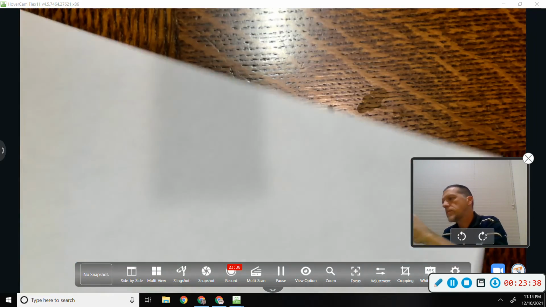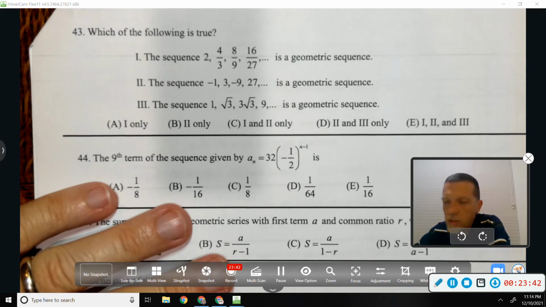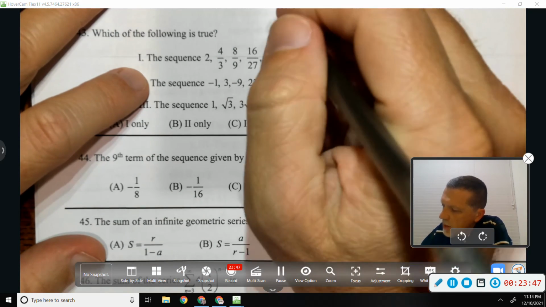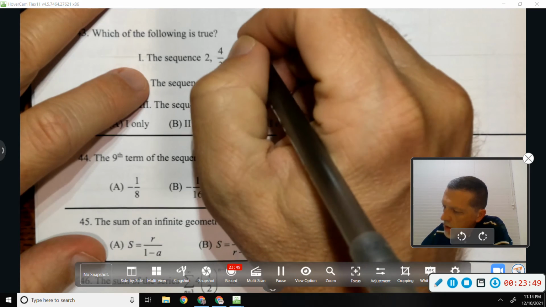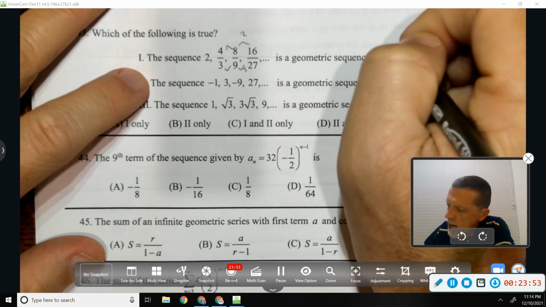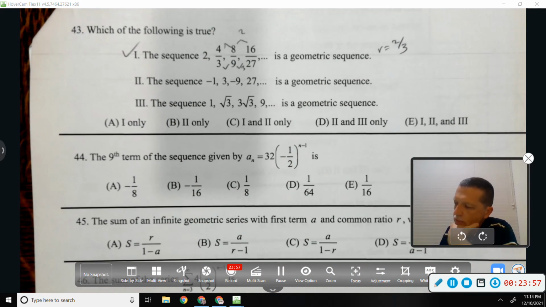Negative means add or subtract. 43. Which of the following is true? Geometric, that means we multiply by something each time. Looks like we're multiplying by 2/3. So that's true.